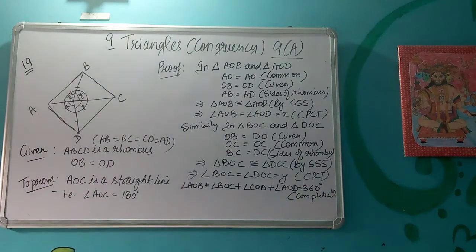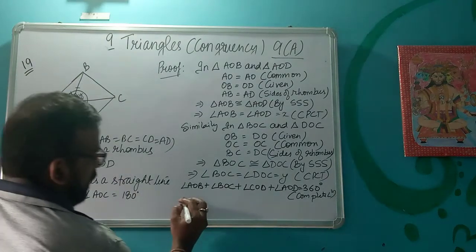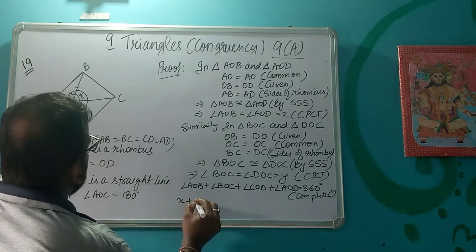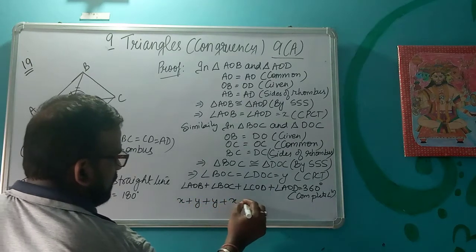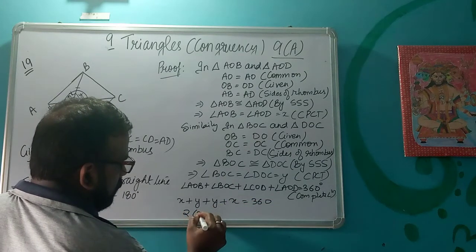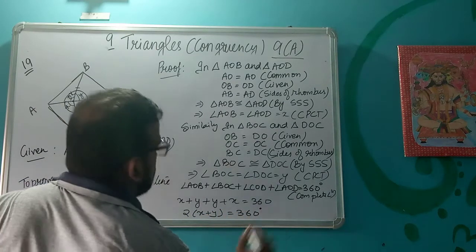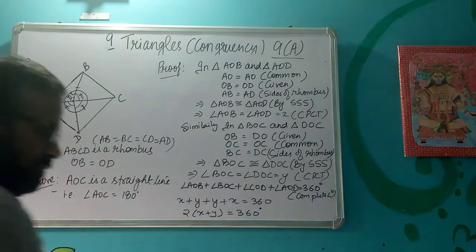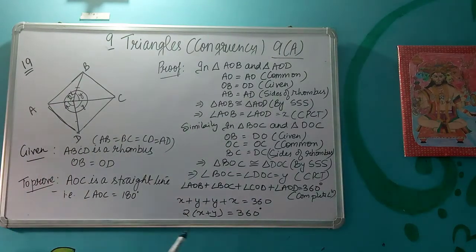So we are using here the concept of complete angle. We put the values: x plus y plus y plus x equals 360 degrees. It will give us 2 into (x plus y) equals 360 degrees.